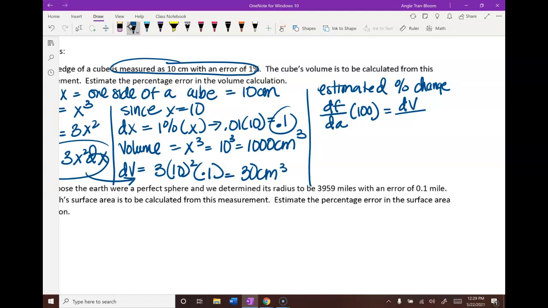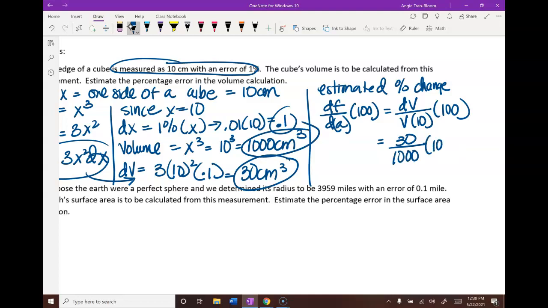So the change in volume, over the volume when the side is 10, and then times 100 because it's going to be a percentage. Well, we have dv, which we calculated as 30, volume is 1,000, and we have to multiply by 100 because we want a percentage. So students, this comes out to be 3%. Okay, so the estimated percentage error for the volume is 3%.